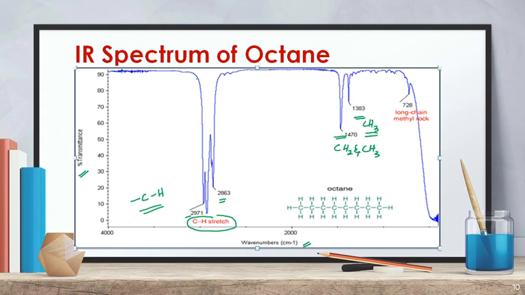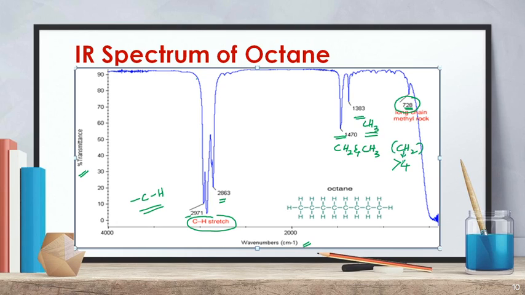Now come to the another peak. At 728 you are having one peak. If at all you are finding the 728 peak, it is because of a long chain alkane. Long chain alkane means the number of methylene units must be more than 4.